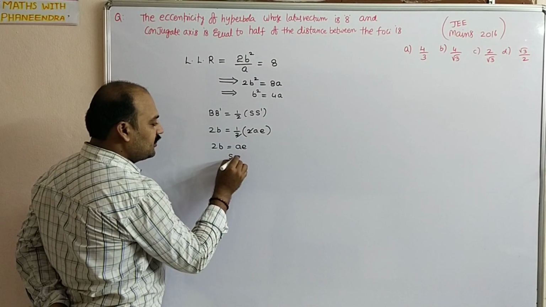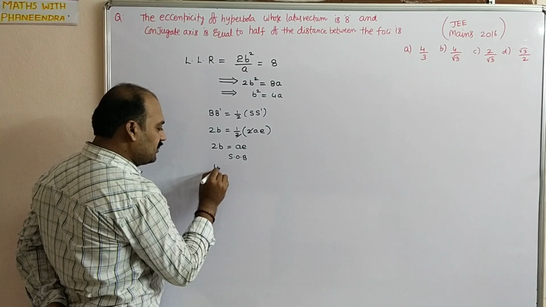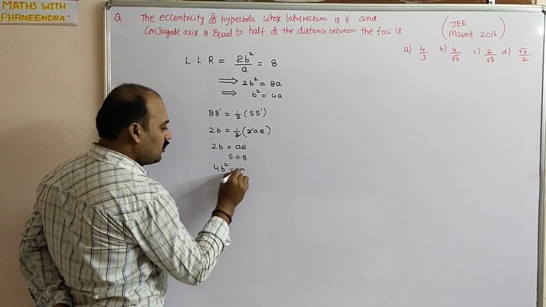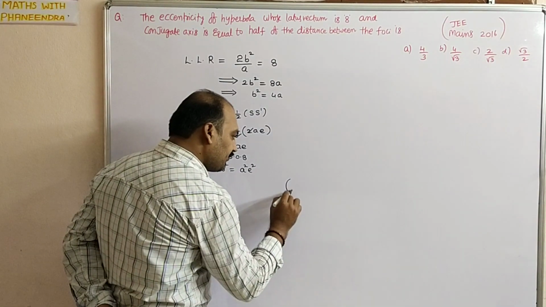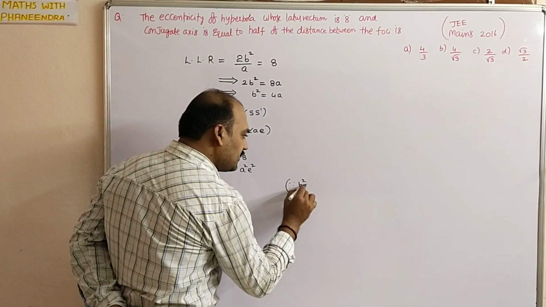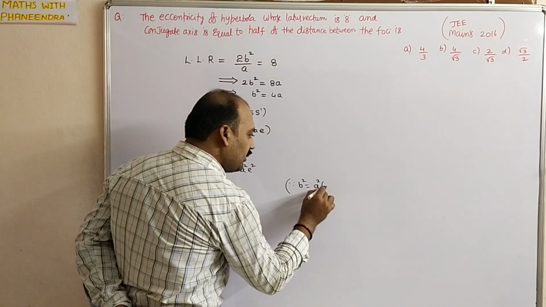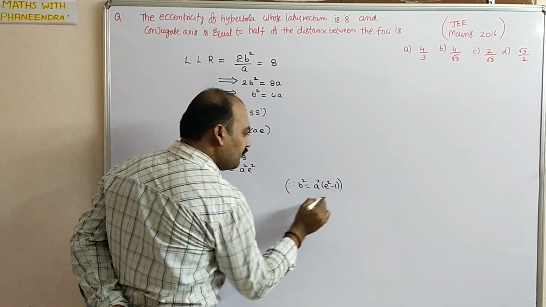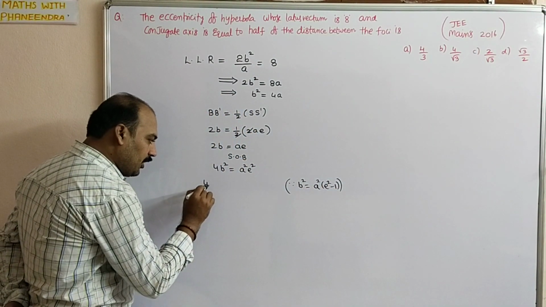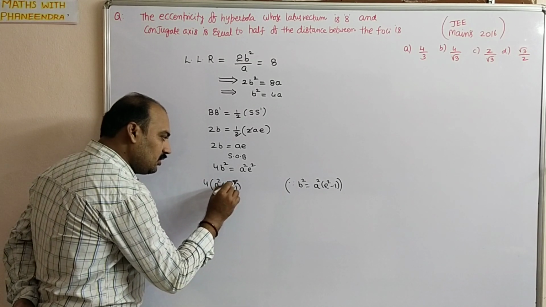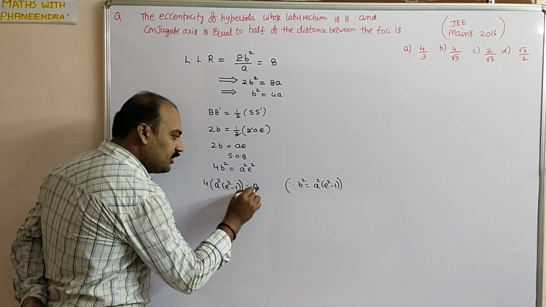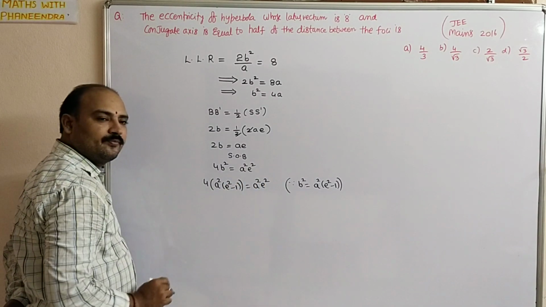Squaring on both sides, 4b square is equal to a square e square. We know that b square is equal to a square into e square minus 1. So in place of b square, 4 into a square into e square minus 1 is equal to a square e square.